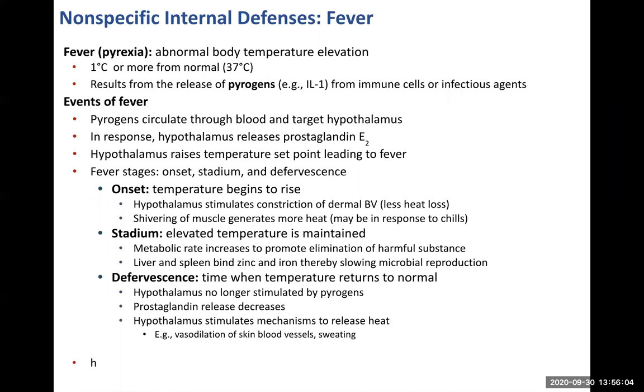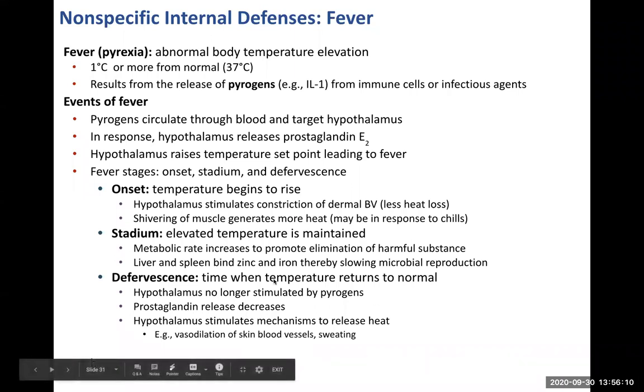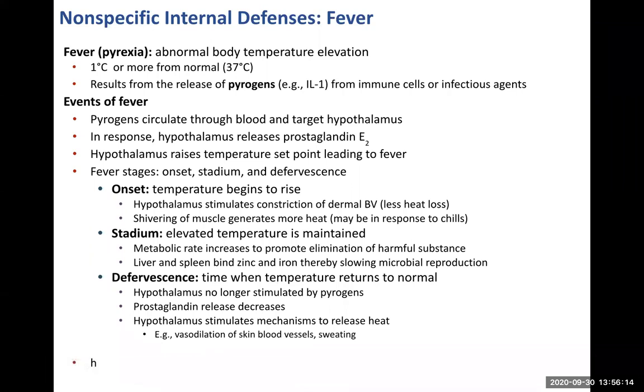And what happens during fever, we break the events of fever into three different phases. The first one is called onset. During onset, we get an increase in temperature. Onset happens when the hypothalamus stimulates cells to release certain chemicals.